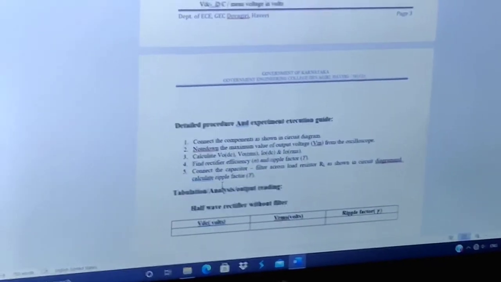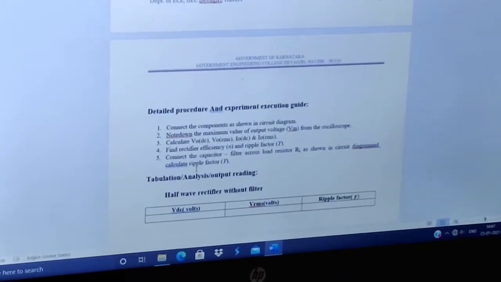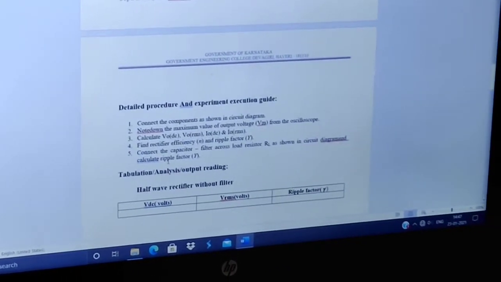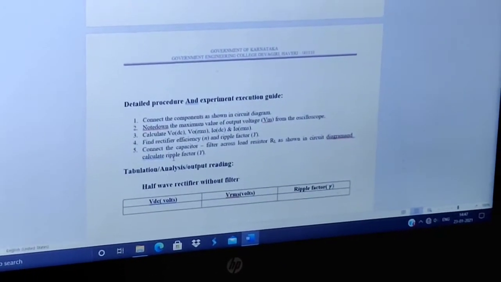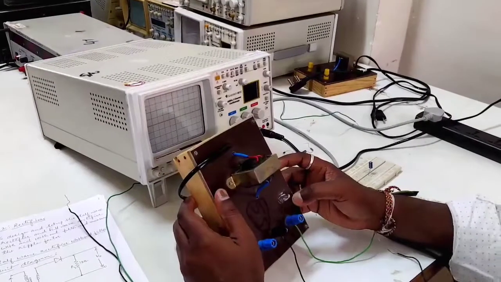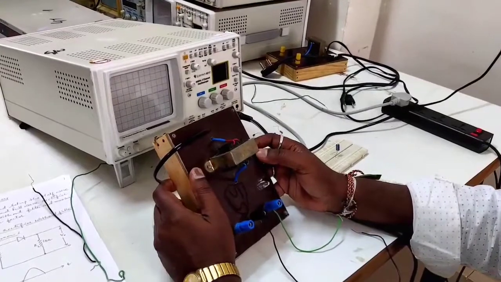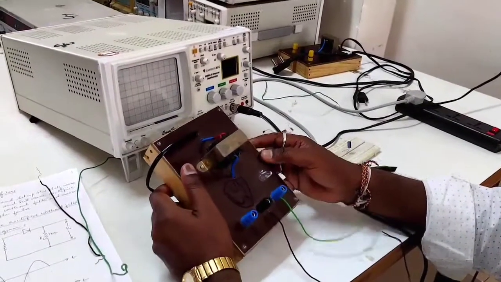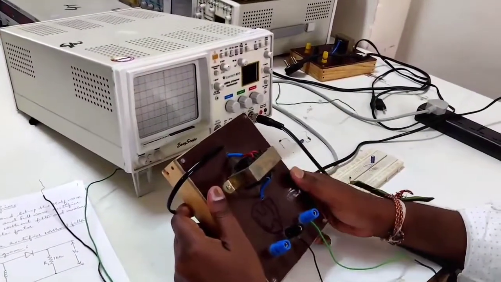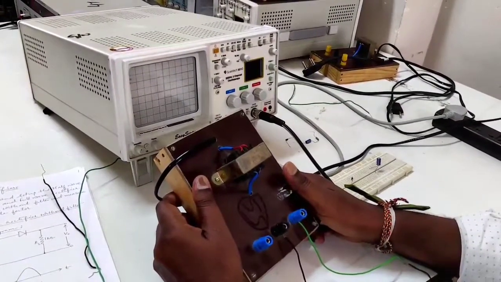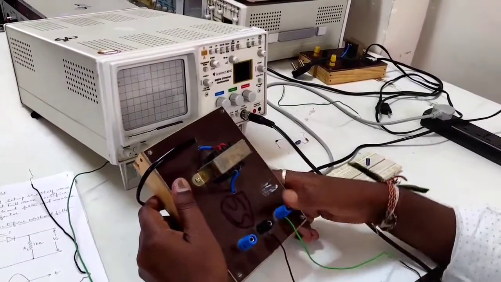Next is the procedure. I will show the procedure by conducting the experiment using discrete components. I am going to conduct the experiment for the half wave rectifier. In this half wave rectifier, you are going to use the components: one diode, one fixed 1 kilo ohm resistor and a step down transformer.